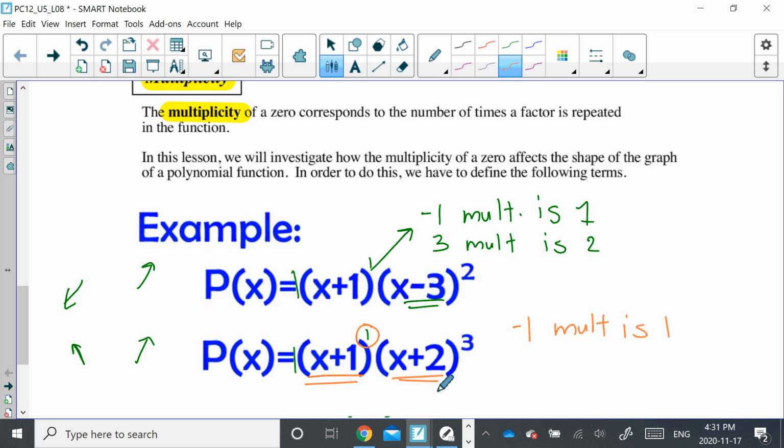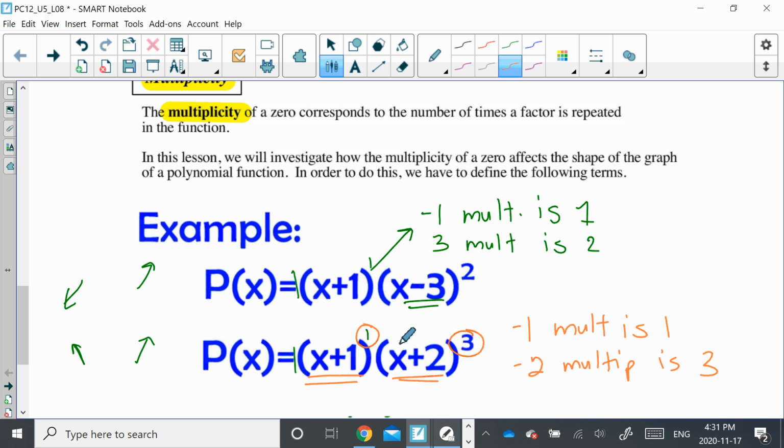This factor here would give you a 0 or an x-intercept of -2, and the multiplicity is 3. So when we do the two class examples, it's going to be looking at polynomial functions, being able to pick out what the degree of the polynomial function is, what the zeros are, and what the multiplicities are.